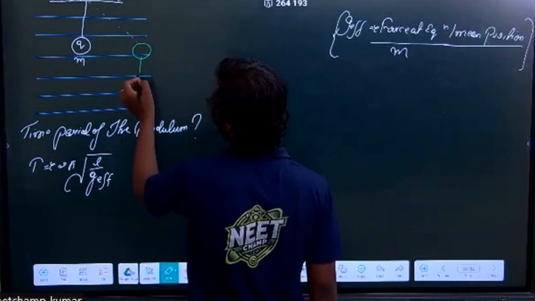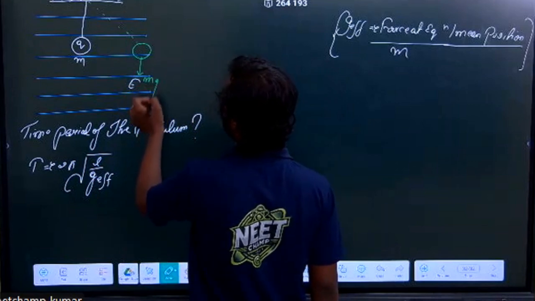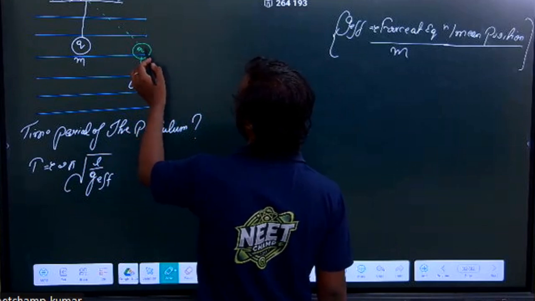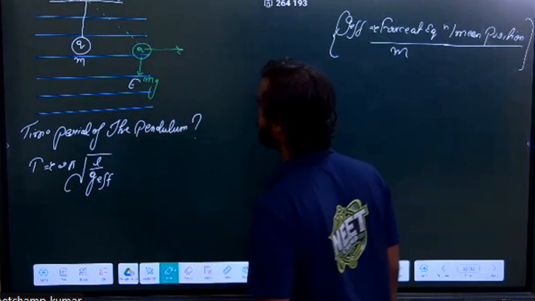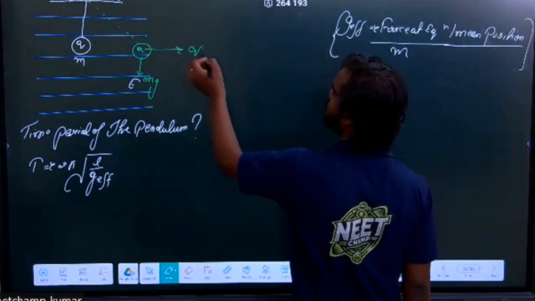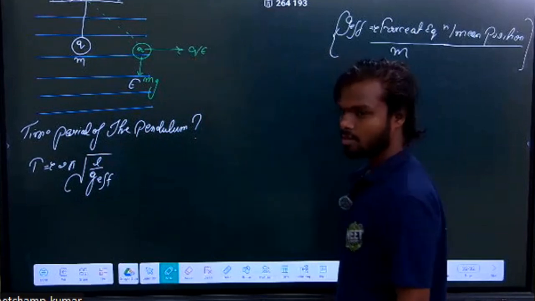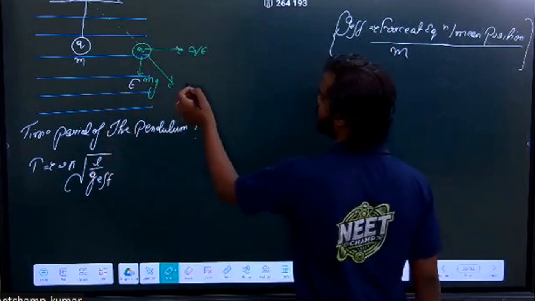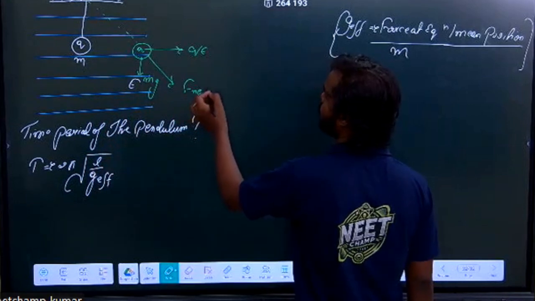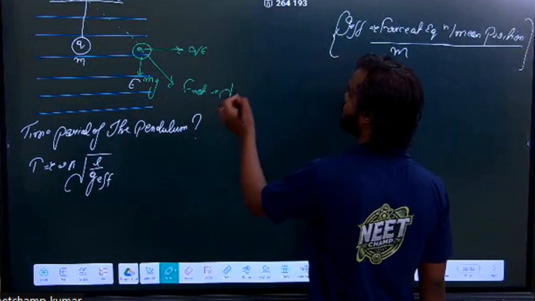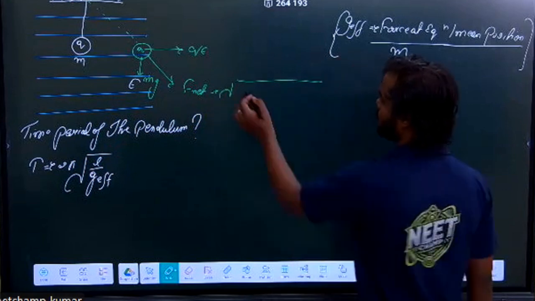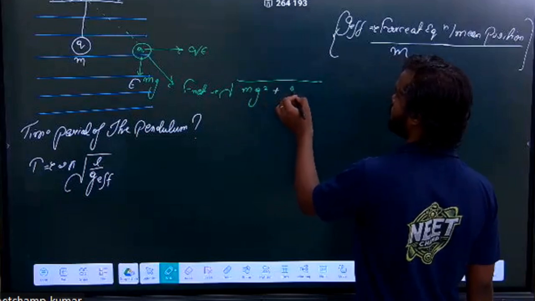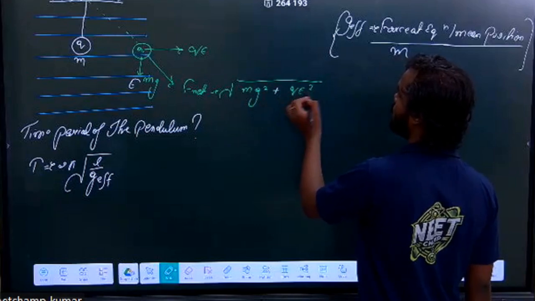Now you can see mg will act here, and there will be the force QE, Q into E, acting here. So what is my net force? My net force will be like this. This is my F net. F net will be root over of (mg) square plus (QE) square.